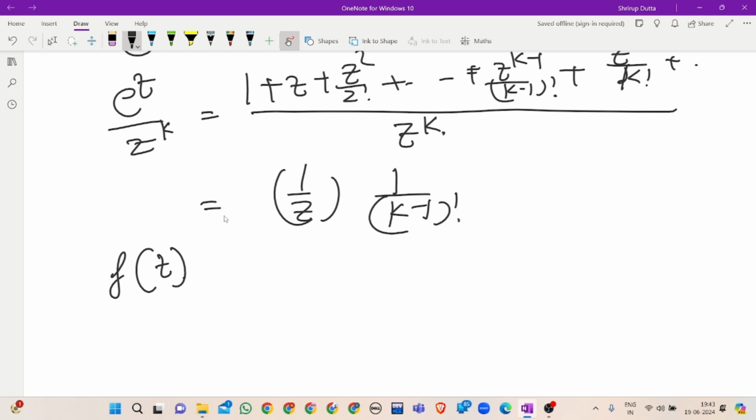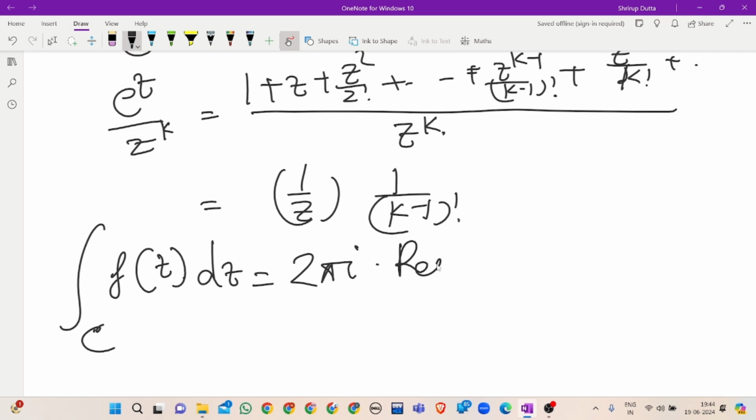And we know that if we have a function f(z) and we know its coefficient of 1 by z, then its integration over a contour, suppose C, is given by 2 pi i into its residue at the point z equal to z naught, and the residue is given by the coefficient of 1 by z minus z naught in the power series representation.